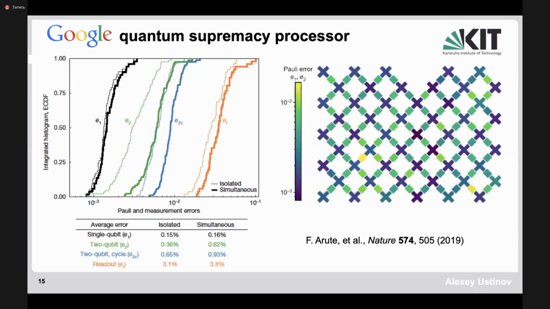Значит, здесь показаны измерения, точнее, количество ошибок в случае, когда кубиты адресуются по отдельности, и в случае, когда они адресуются вместе. И видно, что вот это изолированные кубиты, а это когда кубиты манипулируются одновременно.